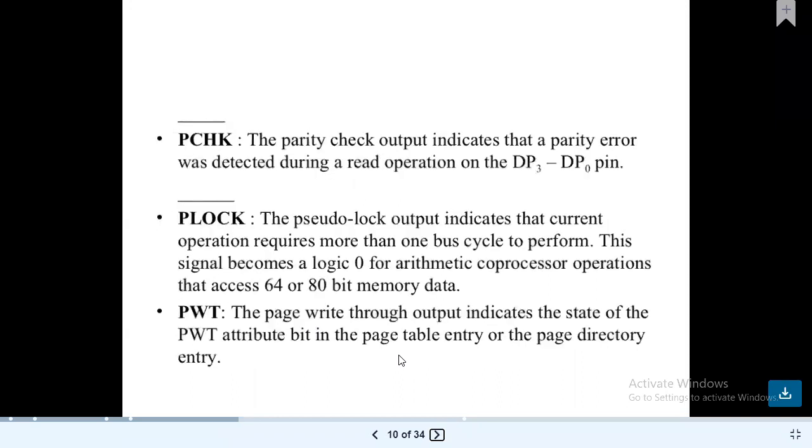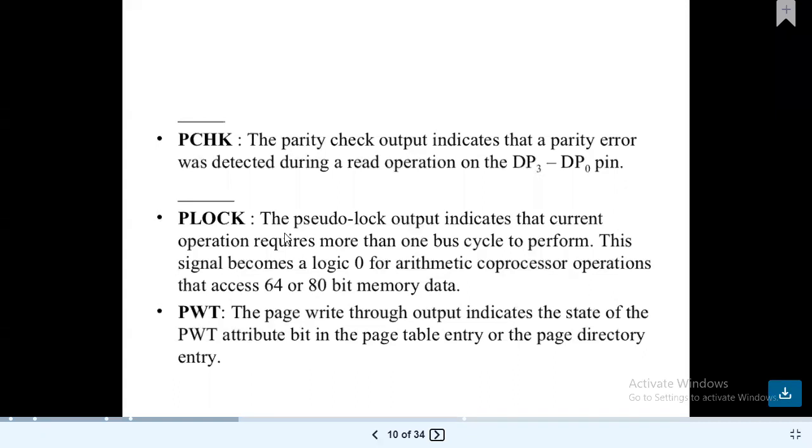The next pin is PCHK, the parity check output, which indicates that a parity error was detected during read operations on the data parity pins DP0 to DP3.